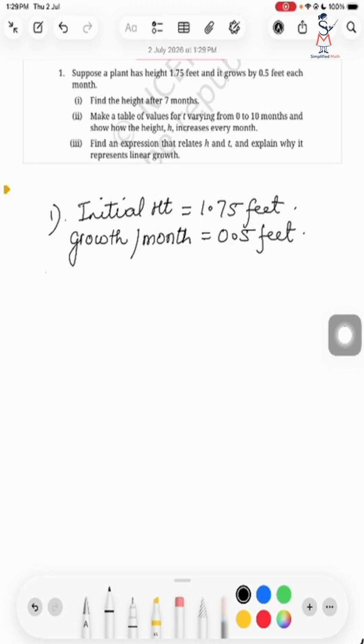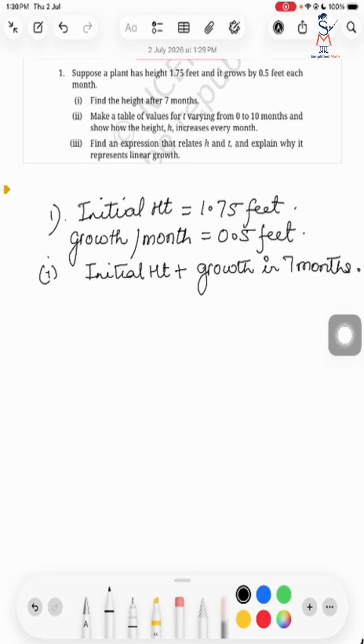The first portion says that find the height after 7 months. That means what will be the height after 7 months? Initial height plus growth in 7 months.